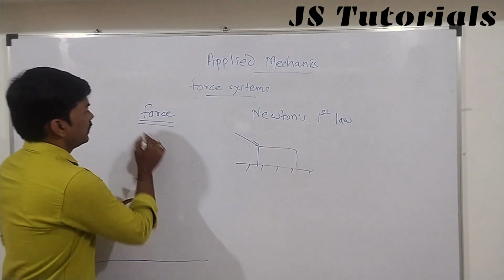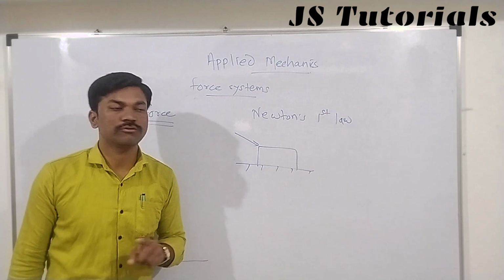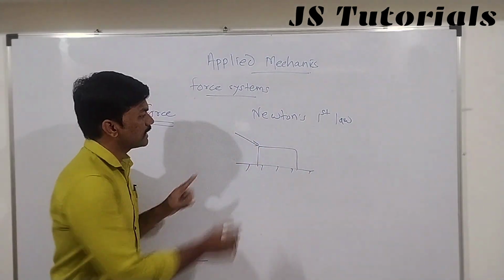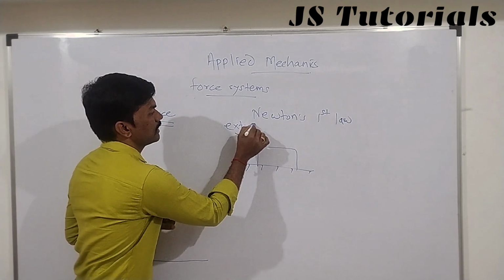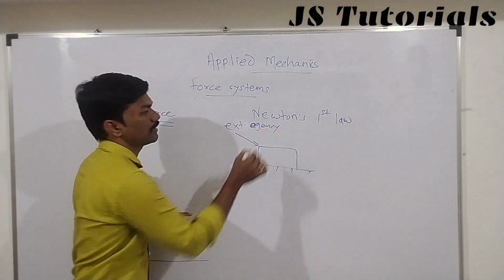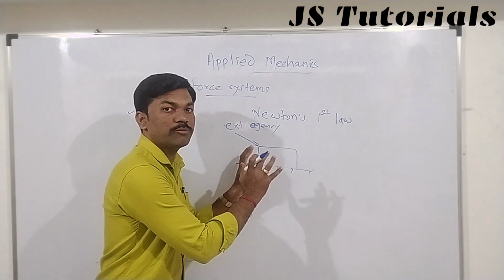So here comes the definition of force in Newton's first law. That external agency, which I have explained earlier, acts upon the body and changes the state of the body.